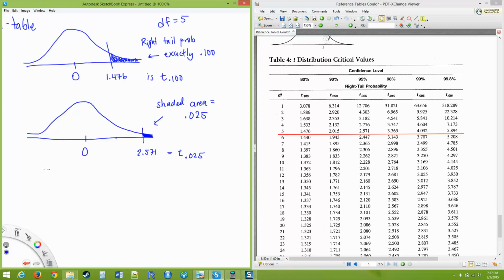Students always ask why that happens, but if you think about the picture, as your test statistic gets farther from 0, the area left in the tail gets smaller.